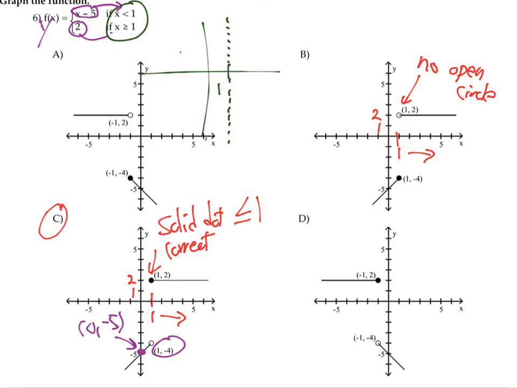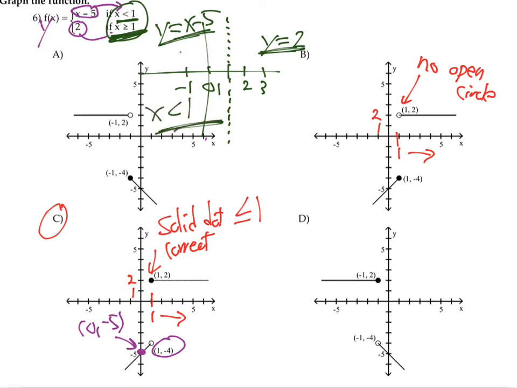To the right, x greater than or equal to 1, it's going to do y equals 2, like 2 and 3, etc. And less than 1, like 0, negative 1, etc., it's going to do y equals x minus 5. It just means two different functions in two different zones. Make sense? This is the x less than 1 zone, all the way here. And this is the x greater than or equal to 1 zone. That's what a piecewise function is.